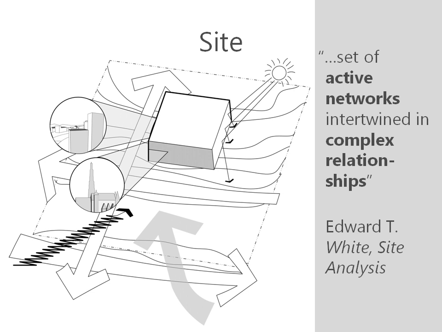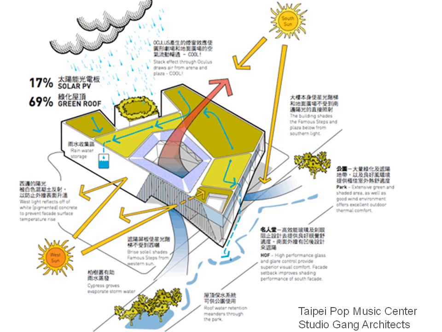For example, here you see a depiction of the Taipei Pop Music Center by Studio Gang Architects, where they depict what they see as being forces, like sun and shading, you have rain, you have drainage, and so on. So this is an actual piece of hand-in documentation.